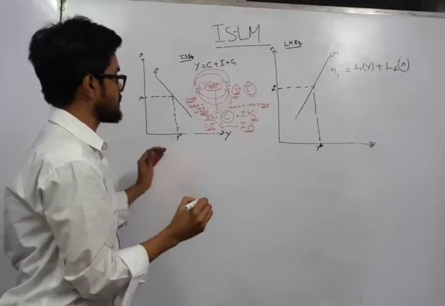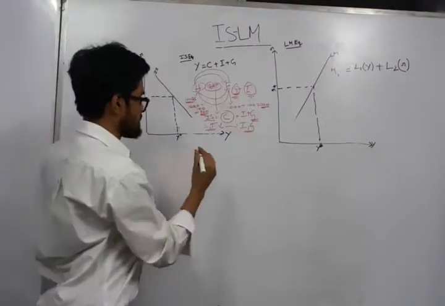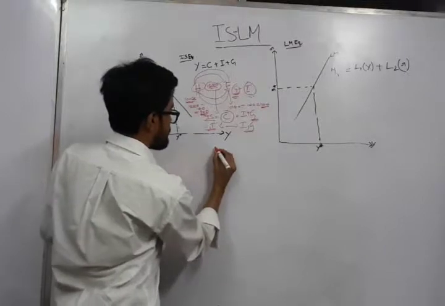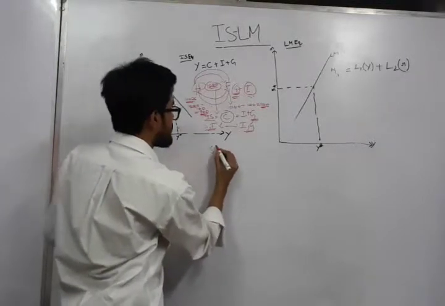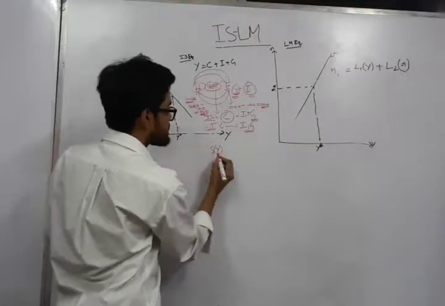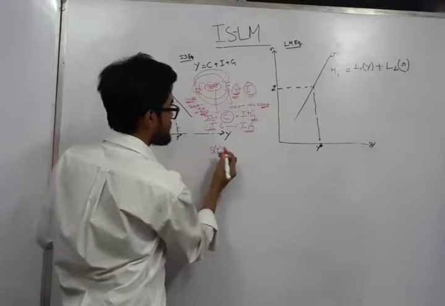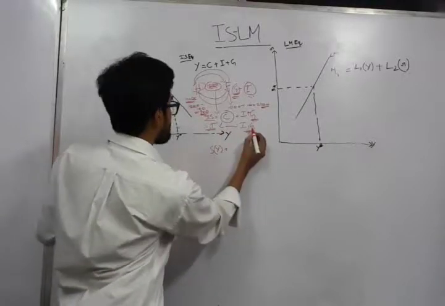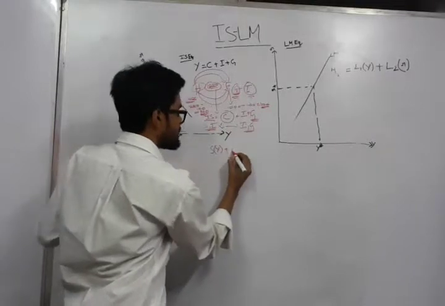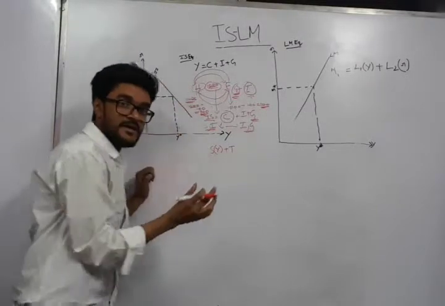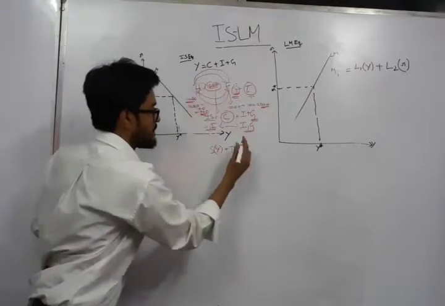Now from here, we can draw the IS curve. How? On the left hand side, we'll denote S(Y), that is, savings depends on income, and we'll write the component T here. Why? Because this is the leakage of income which takes place in the economy.